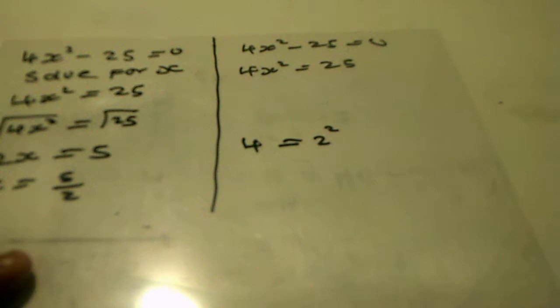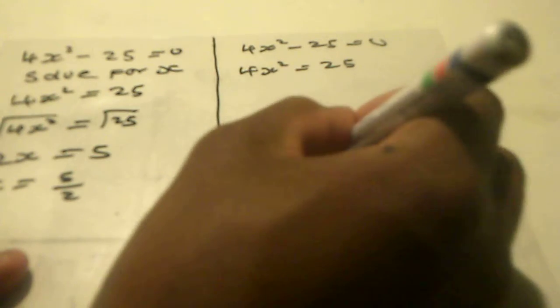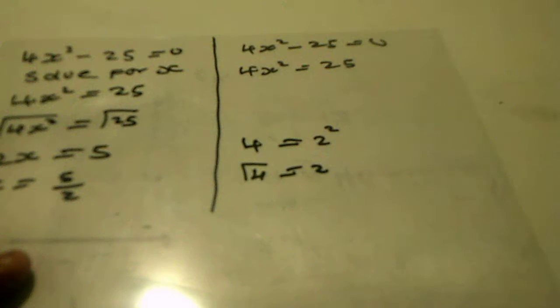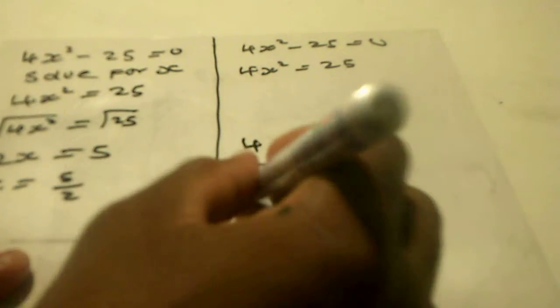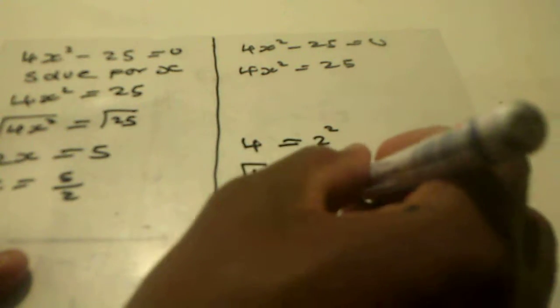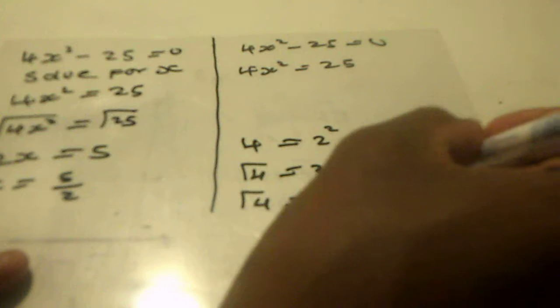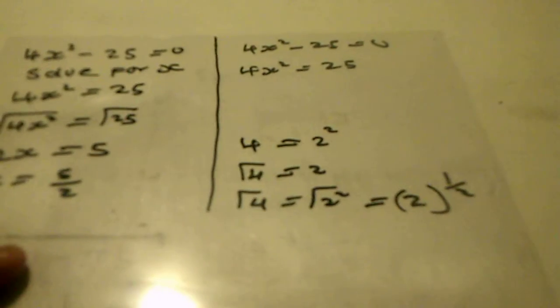And the other thing to know is that root 4 is the same as 2, because when I'm saying root 4 is equal to root of 2 squared, that is the same as 2 exponent 2 to the power 1 over 2.